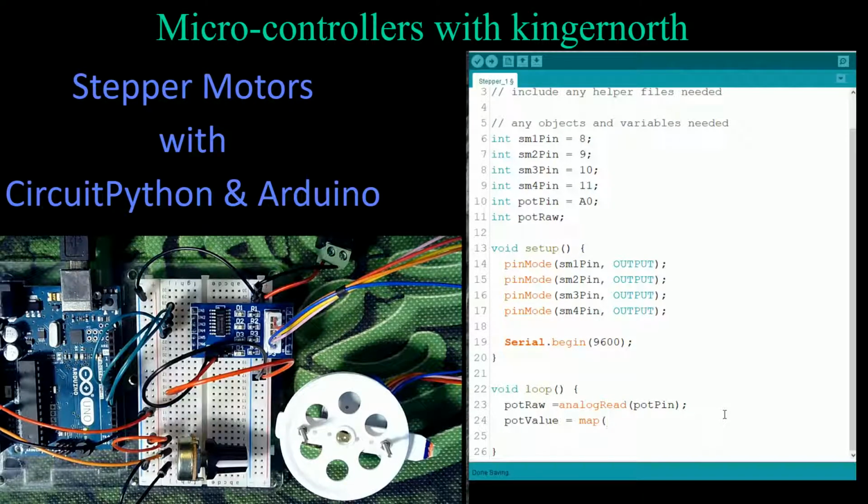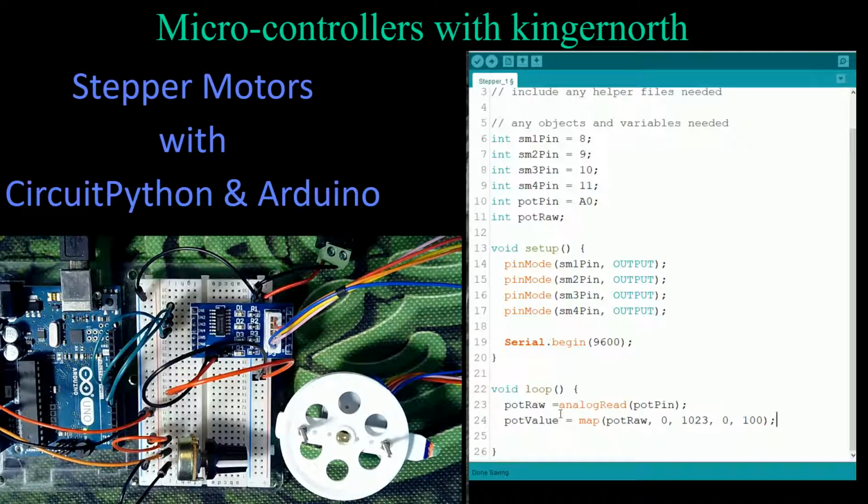It's going to take the pot raw, the value from 0 to 1023, which is the raw input, and we're going to rescale that to 0 to 100. We're going to use a smaller range. I don't need the exactness of the pot being so many points, 1023 points. I'm actually reducing it by quite a bit.